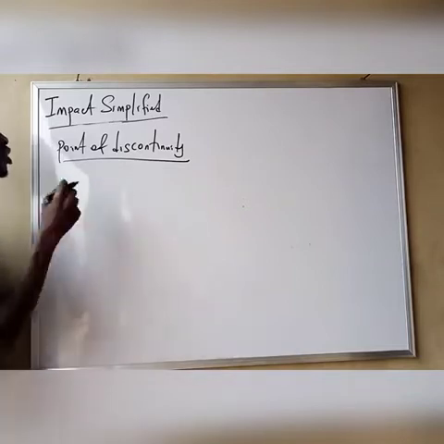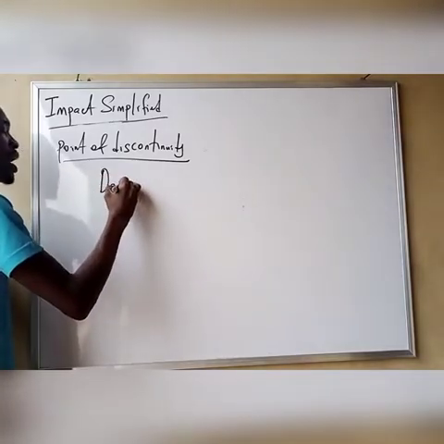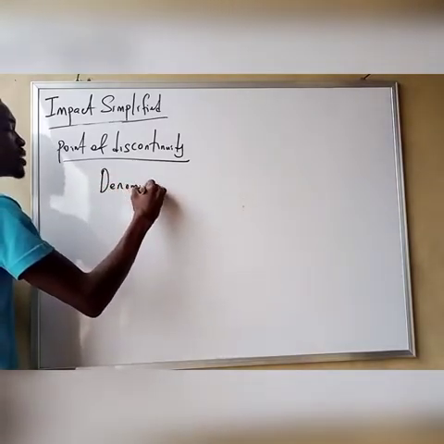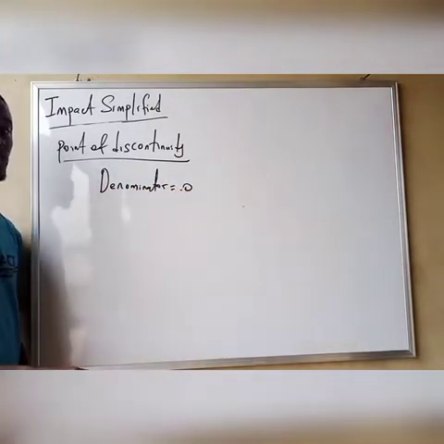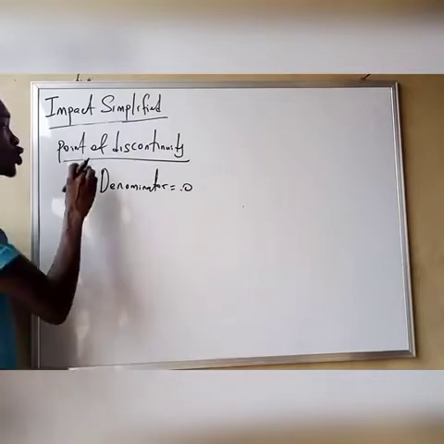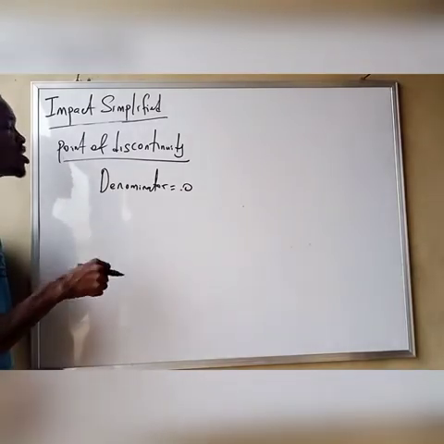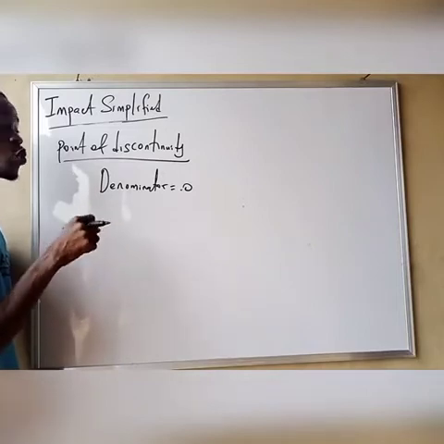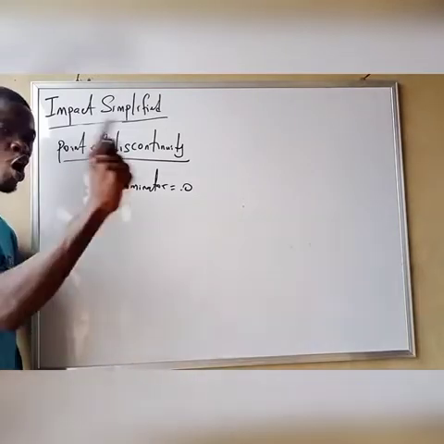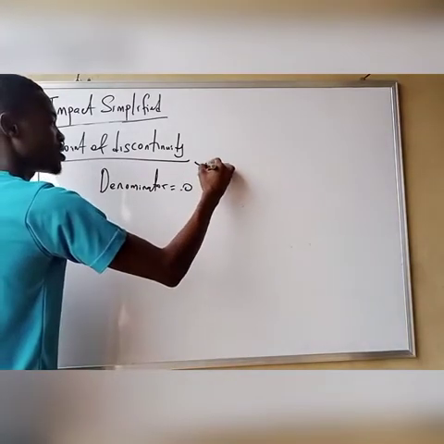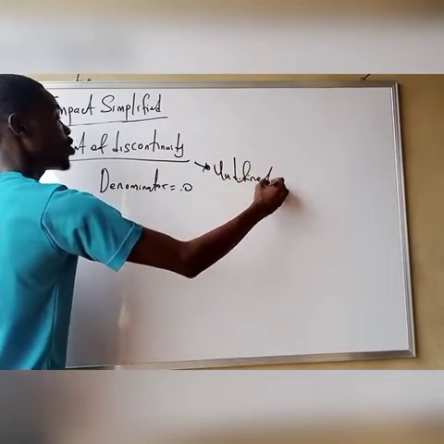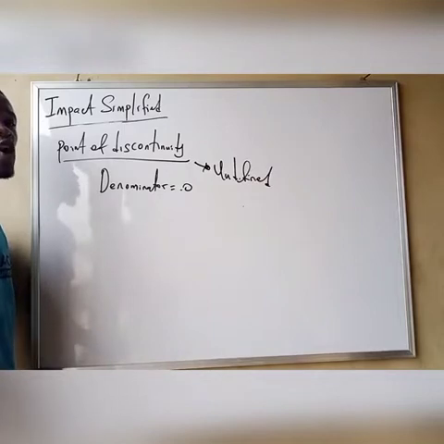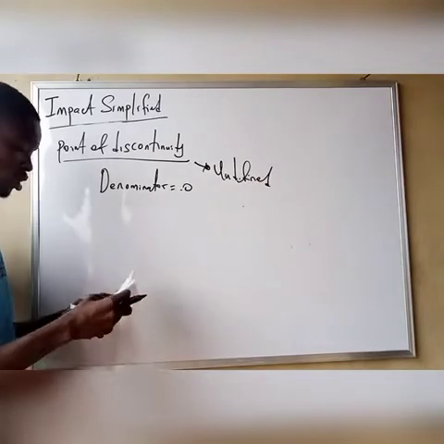The point of discontinuity is the point at which we are equating our denominator to 0. That is the layman language, just for you not to cram. But you must know that the point of discontinuity is the point where your function is undefined. So that means the real terminology is undefined. And don't forget, if you are looking for where a function is undefined, what will you do? You equate your denominator to 0.